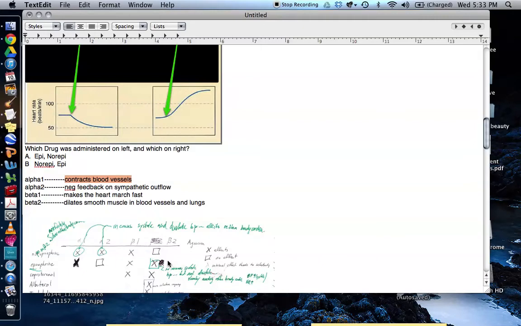Whereas epinephrine, since it has the beta-2 activity, well, let's say, what does beta-2 do? Well, beta-2 dilates smooth muscle in blood vessels, okay? And so what happens, that's like, if you want to run away from a lion, you're going to need a lot of blood in your legs real quick. So all of a sudden your legs dilate all their blood vessels so that you can give them blood.